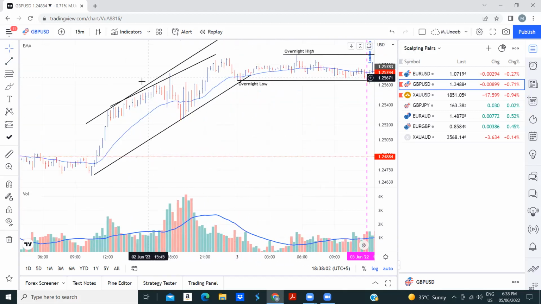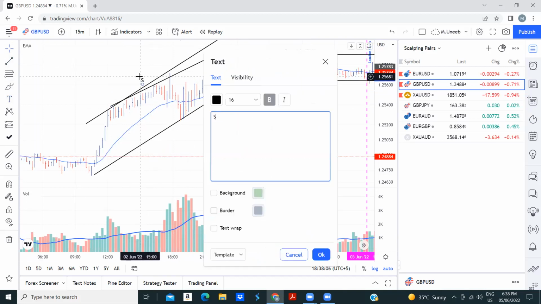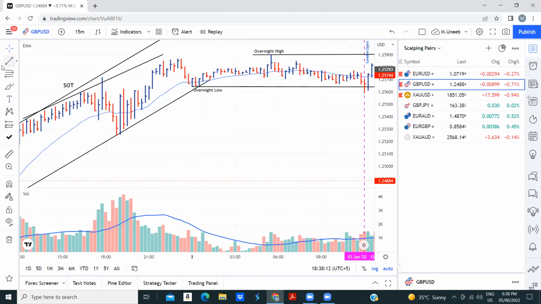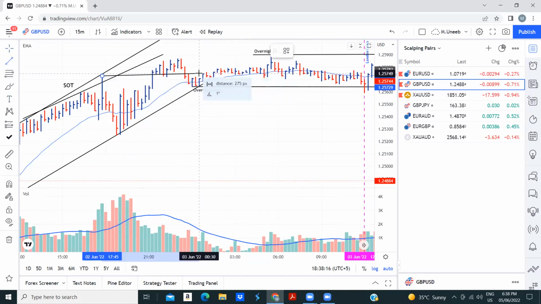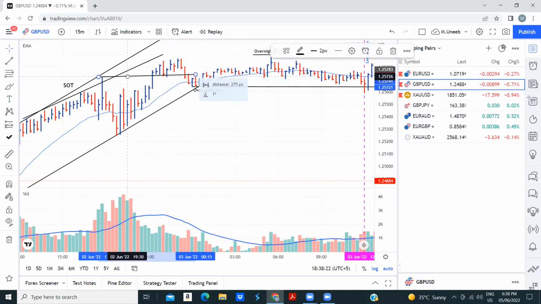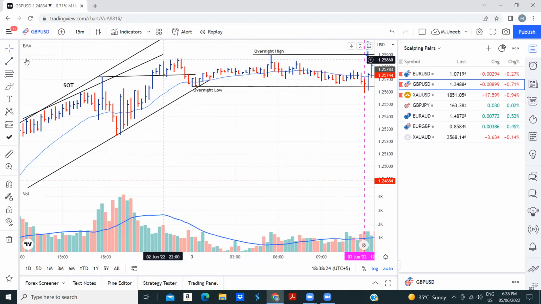So this is what? Shortening of thrust, right? And this has a very high volume. So we can draw the line like this. After shortening of thrust, what we see here is a very huge volume.